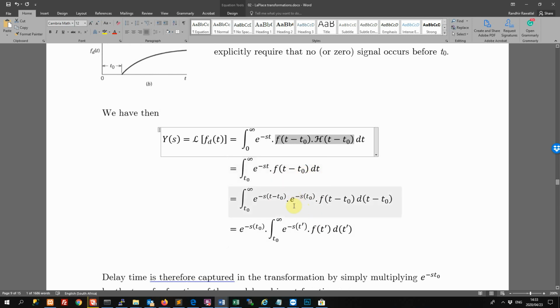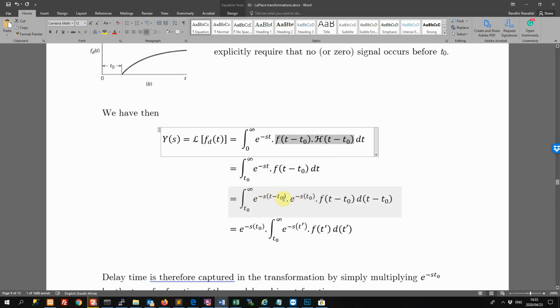So let's say we multiply by e to the minus s t naught. Then if we want this equality to be true still, we also have to divide by that amount. In other words, we want to multiply and divide by the same value here. So to divide by this value, we would put in the e to the plus s t naught.